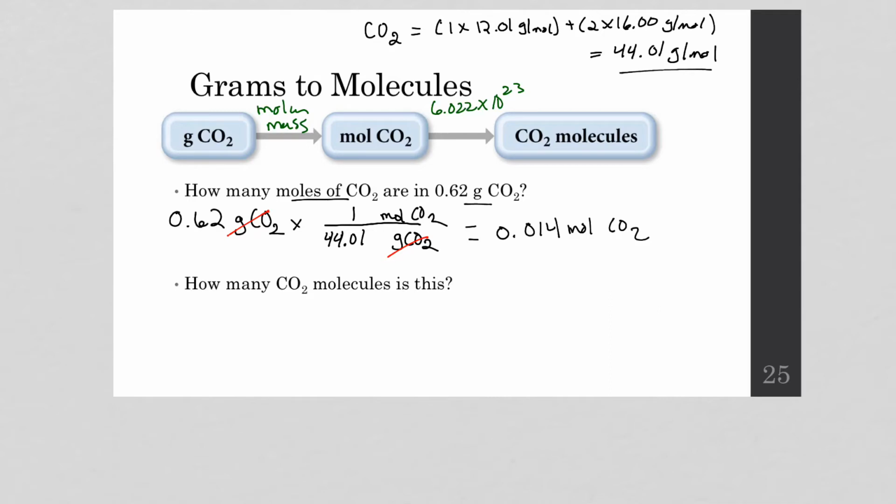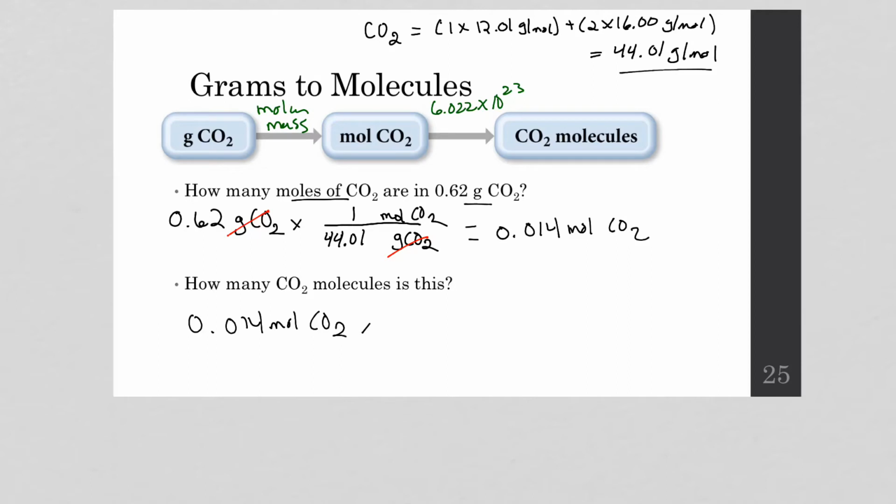Well, what if I want to say how many CO2 molecules this is equivalent to? I can go between moles and molecules again using Avogadro's number. That's how we go between individual items like molecules and moles or vice versa. So I'm going to start here again with what I know, my 0.014 moles of CO2.